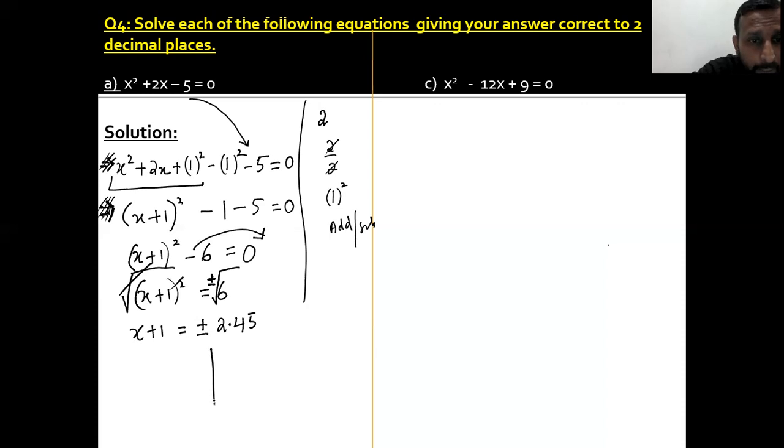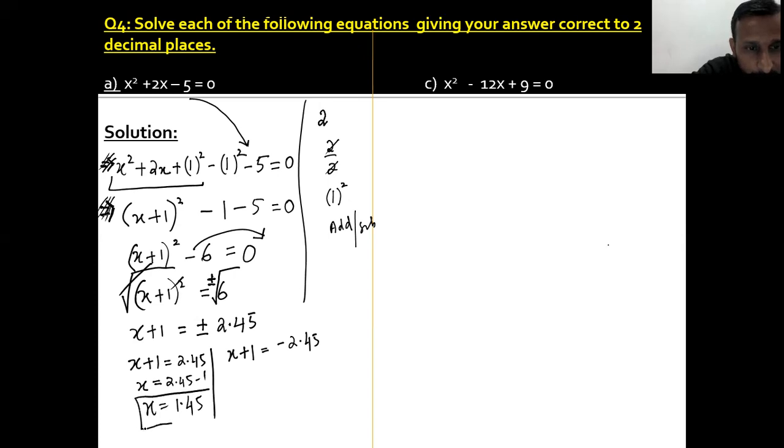And I told you that you need to put a plus sign and a minus sign on your own. Now make two columns. In the first column, write the same left hand side, x plus 1 is equal to positive 2.45, and in the next column x plus 1 is equal to negative 2.45. All right, now we are expected to find the value of x when this positive one moves on the other side. 2.45 minus 1, so we have x equals 1.45.